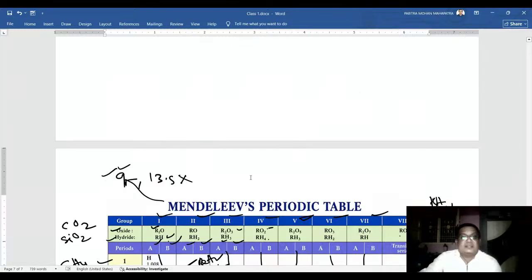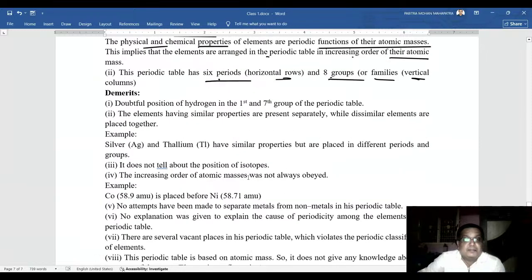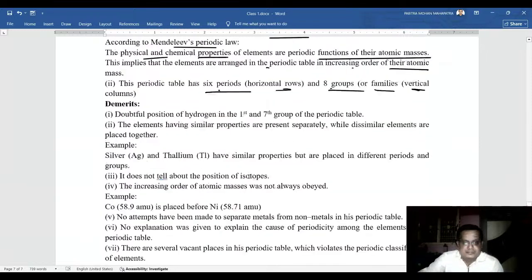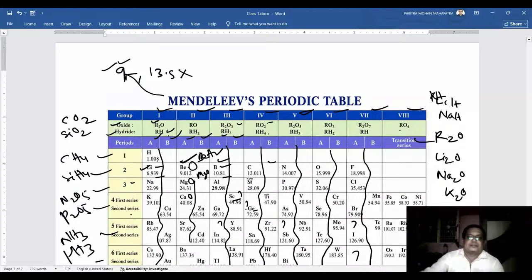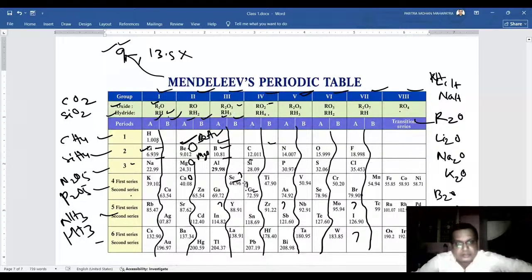Then let me discuss the demerits of the Mendeleev periodic table. First point. Suppose I ask a question: hydrogen is present in group 1, first period. This is hydrogen. Yes or no? Suppose I ask why you do not start from this position.